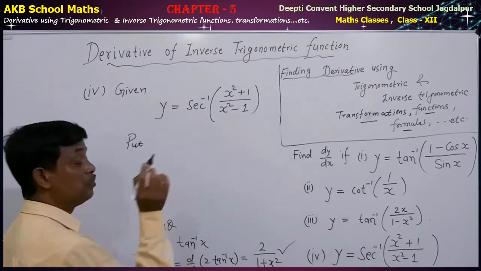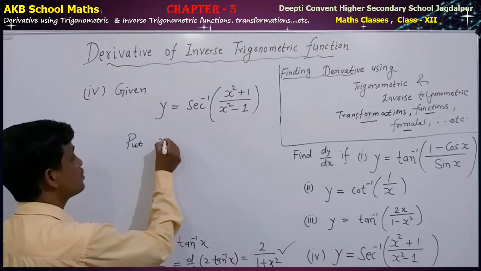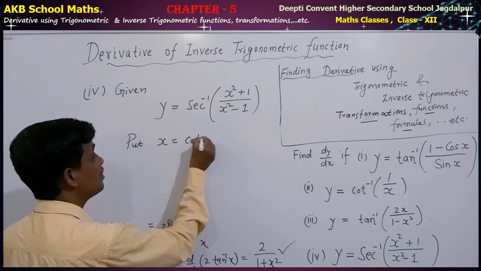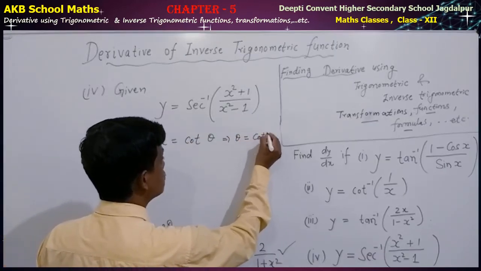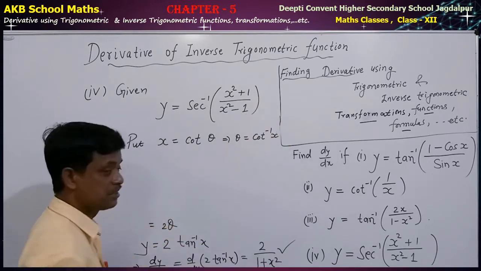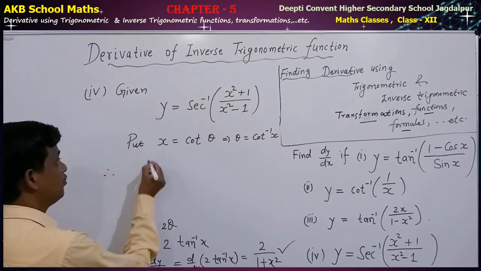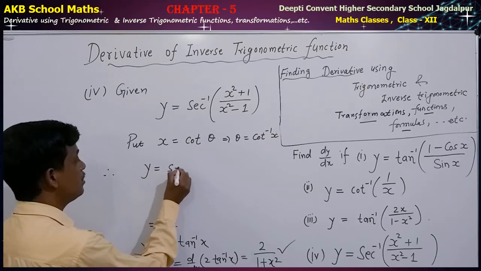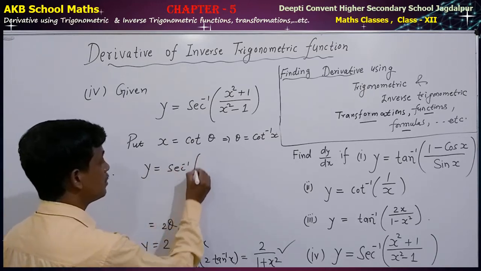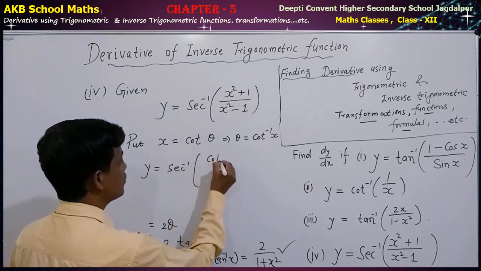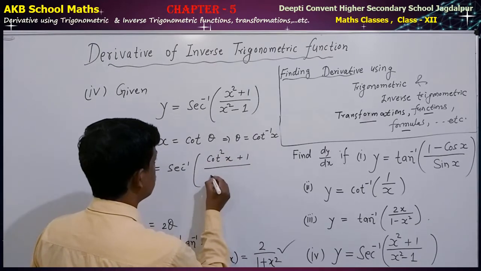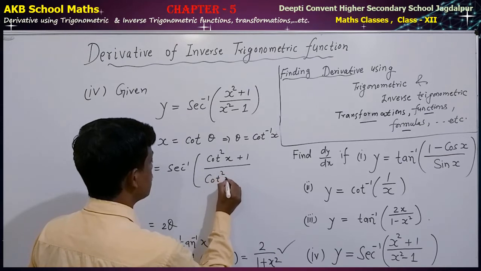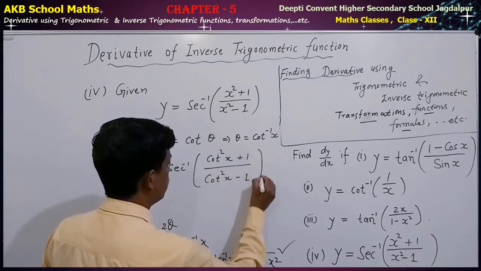So we have to put x equals cot theta. Then theta equals cot inverse x. Therefore, sec inverse becomes cot square x plus 1 upon cot square x minus 1.